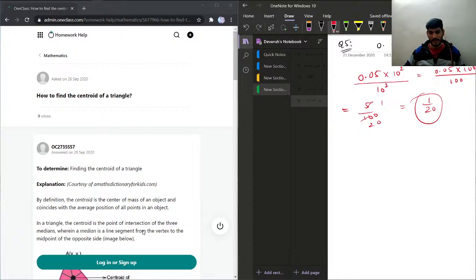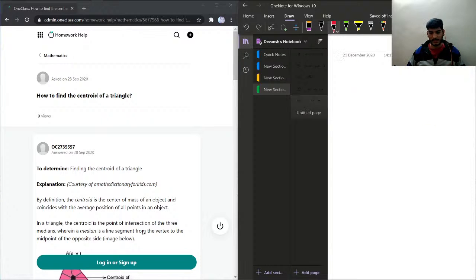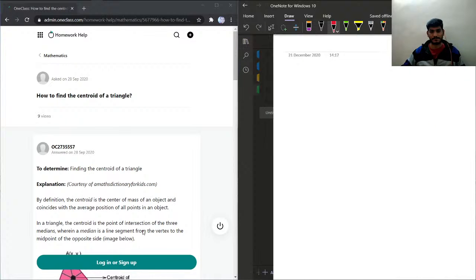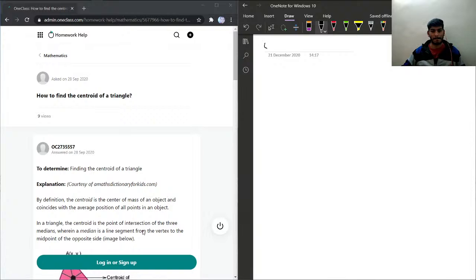Okay, so we have question number 6. It states, how to find the centroid of a triangle.